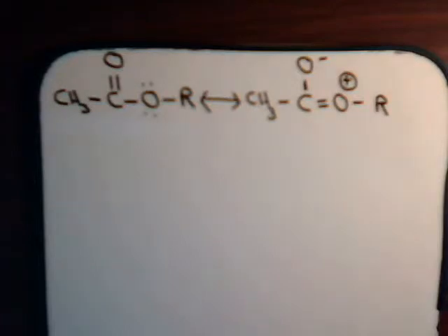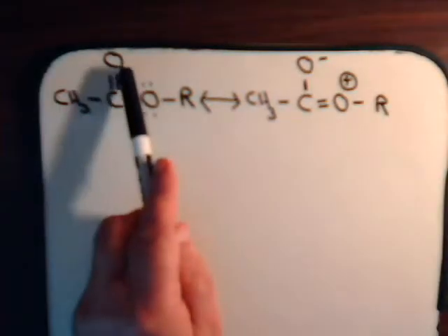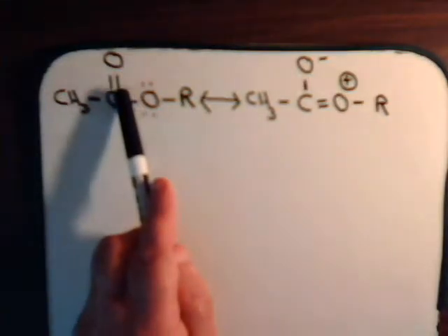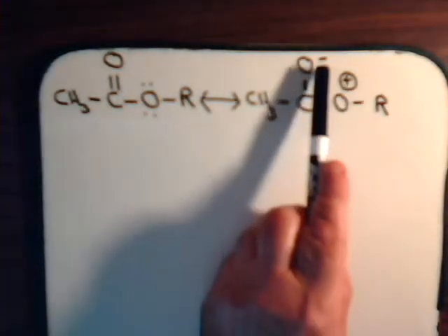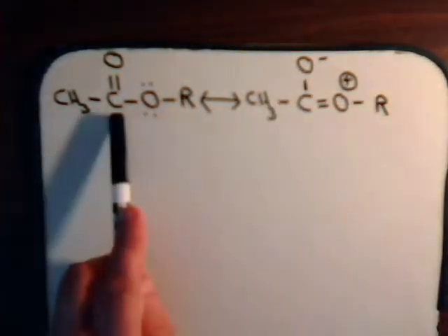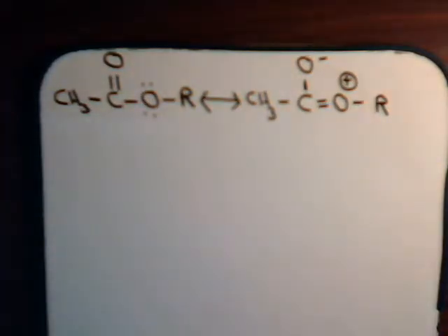So as you saw us do a lot in the earlier videos, you can imagine this oxygen keeping both of the pi electrons in that bond for itself, giving it a negative charge, leaving carbon with an empty p orbital because oxygen stole the electron from it.